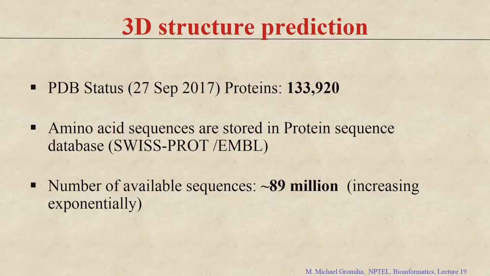When we look at the availability of 3D structures in the Protein Data Bank, at the moment we have around 133,000 structures. On the other hand, the information regarding protein sequences is in the UniProt database, and currently it has about 89 million sequences.